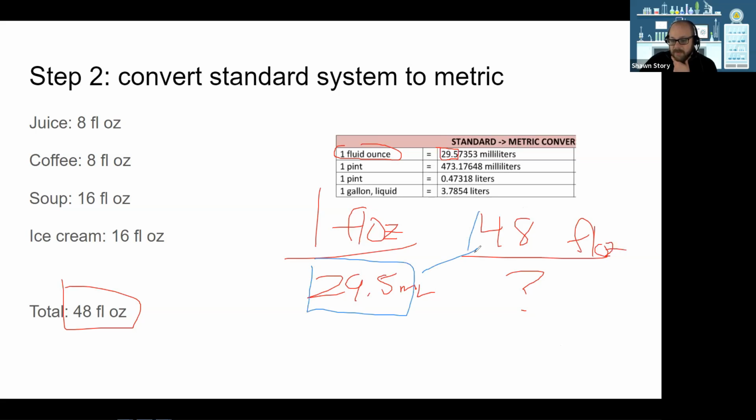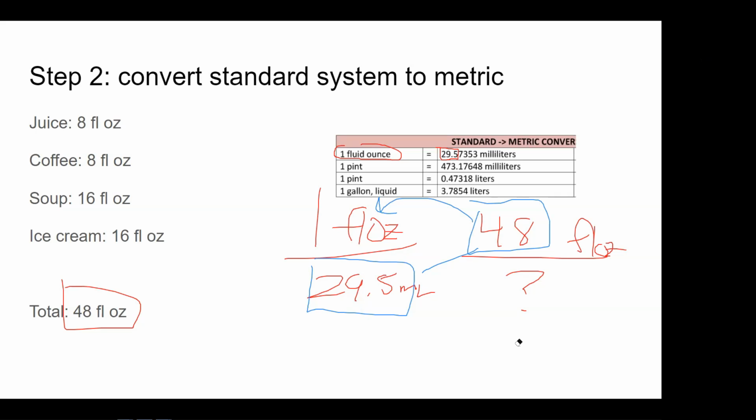29.5 times 48 divided by 1. What do we got? We would need to use a calculator for that. What's 29.5 times 48? I would grab out my trusty calculator here. What did you get, Libby?